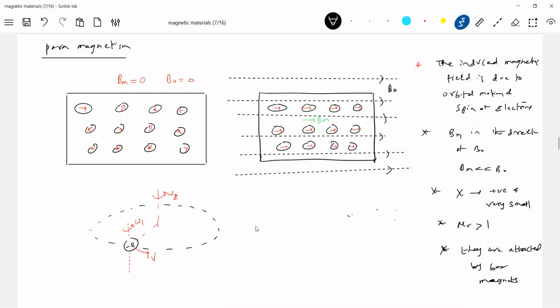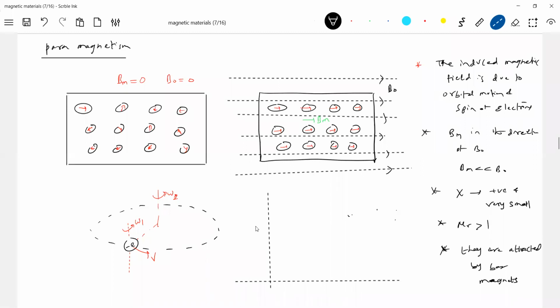Now, as I increase the temperature, what will happen to a paramagnetic substance? Is there any effect on the magnetization? When we vary the temperature, anything will happen to the intensity of magnetization. We know some small idea, no?